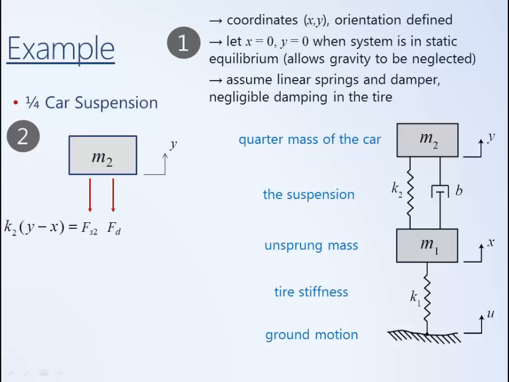Similarly, the force generated by the damper has a similar form, except it's proportional to the relative velocities as opposed to the relative displacements. Getting the hang of defining the direction of the forces and getting the ordering between the coordinates correct, should it be y minus x or x minus y, will take a little bit of getting used to, a little bit of practice.